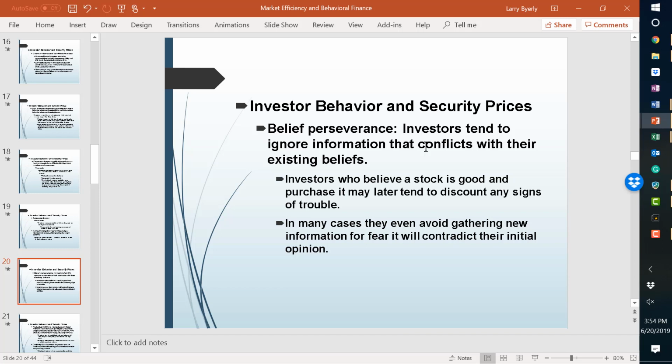Another concept that can help us maybe understand why prices don't act the way they should is that investors tend to ignore information that conflicts with their existing belief. They think something is true, and when they see evidence that is contrary to that, they just don't believe it. They don't react to it.